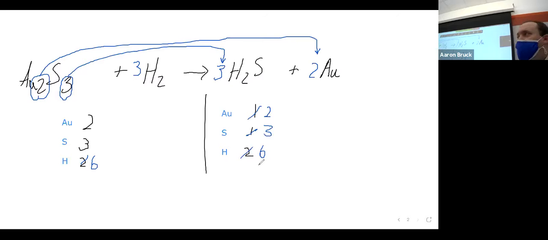So again, the real trick here is anytime we see a compound that is more than one element in a group, and that group of elements has multiple subscripts, that's usually where we're going to start the balancing from. So H2S, even though we've got 2 different elements there, there's only 1 subscript. The hydrogen has a 2. Sulfur doesn't have anything. So we're not going to use that as our base. This at least gives us a start.